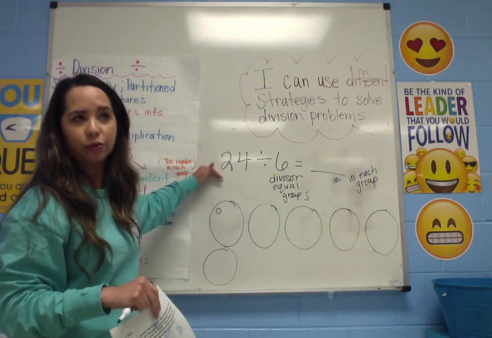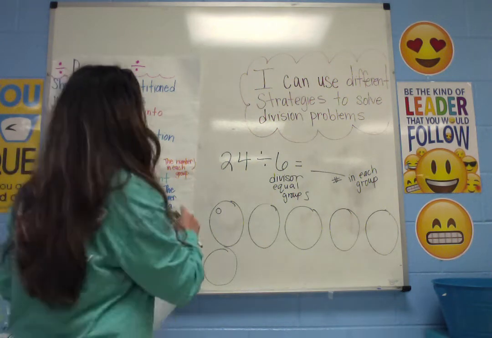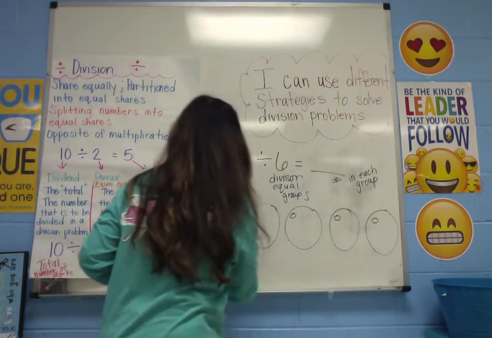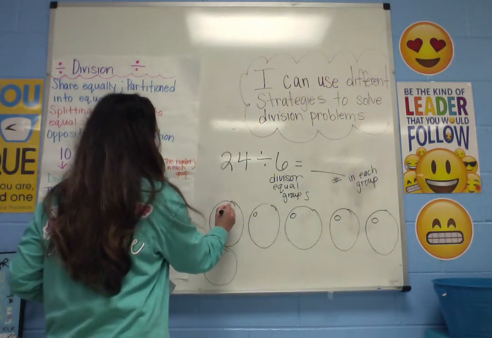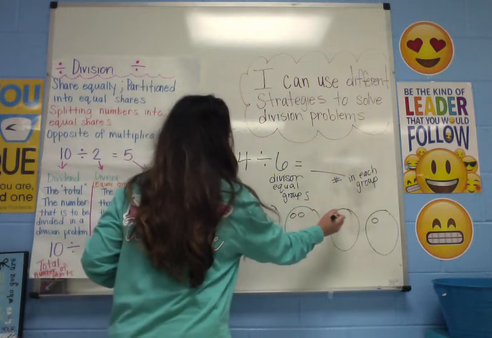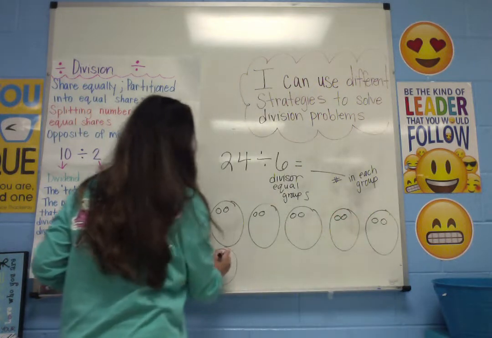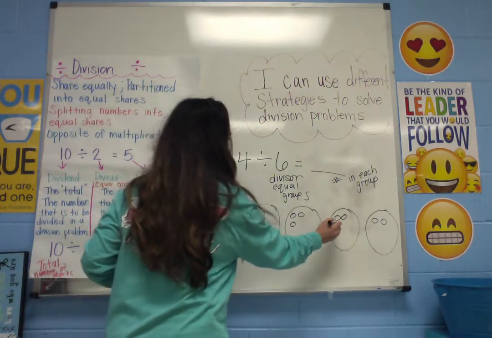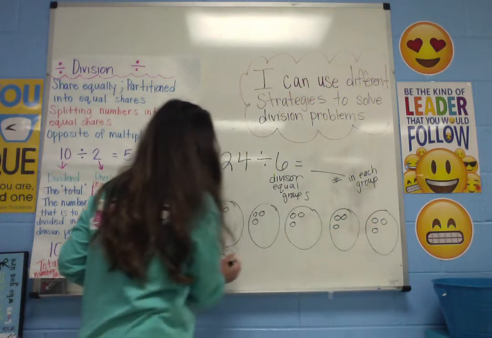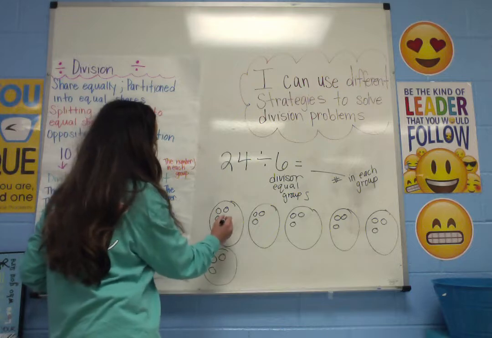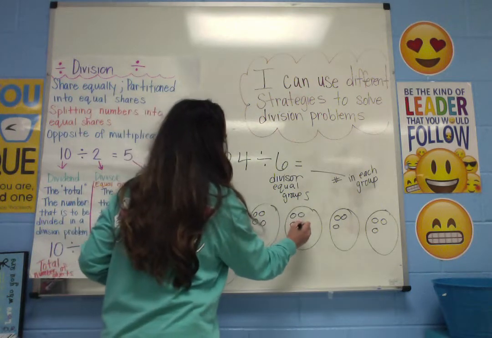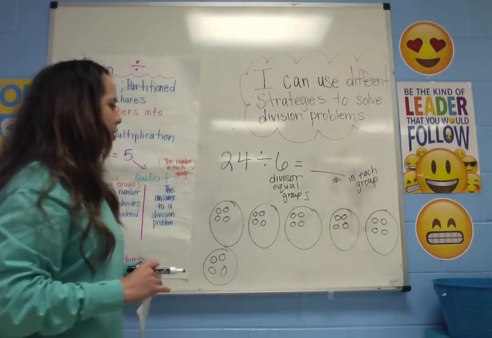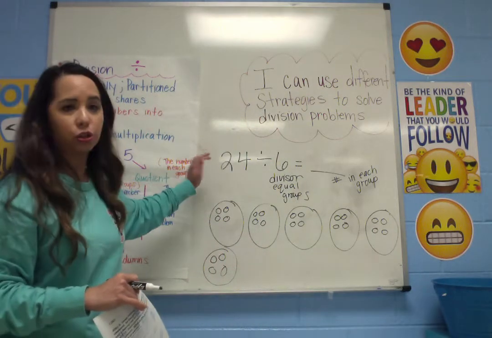We're going to stop at 24 because that's our total. 1, 2, 3, 4, 5, 6, 7, 8, 9, 10, 11, 12, 13, 14, 15, 16, 17, 18, 19, 20, 21, 22, 23, 24. All right, stop there because 24 is our total.